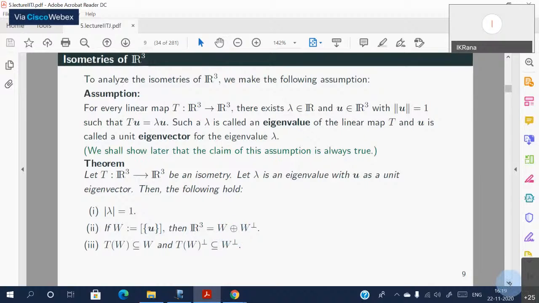So that will give us all isometries of R3. The main thing is the existence of an eigenvalue with the property that there is a vector u such that Tu equals lambda u. That helps us to decompose R3 into two parts and analyze each part separately.